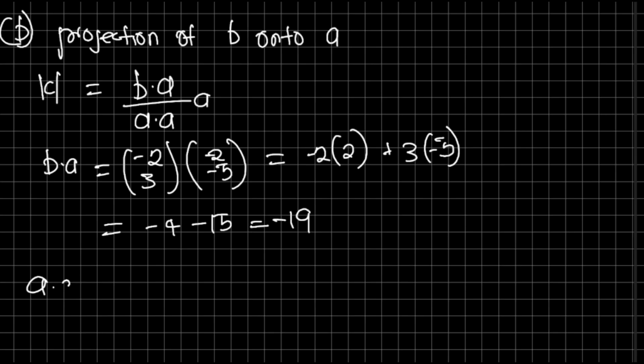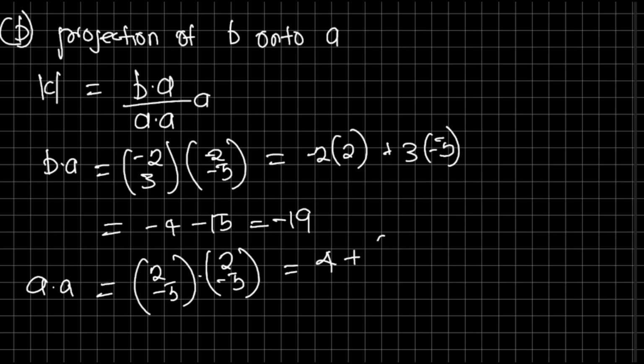A dot A is (2, minus 5) dot (2, minus 5), which is 4 plus minus 5 squared, that is 4 plus 25, which is 29.